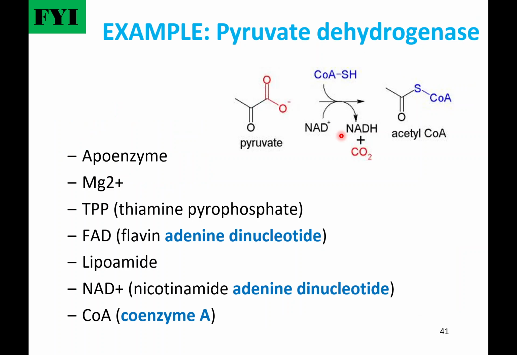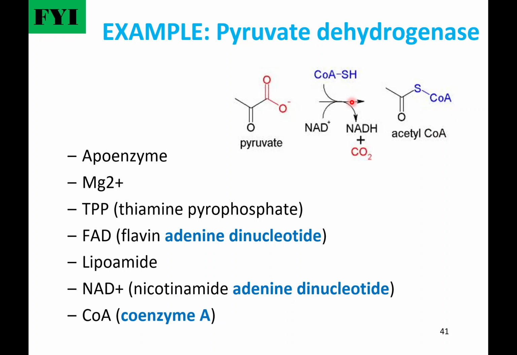Right. And one example of where these coenzymes become important is in the enzyme system pyruvate dehydrogenase. You'll cover this next semester in metabolism. What it does is it converts pyruvate into acetyl-CoA.